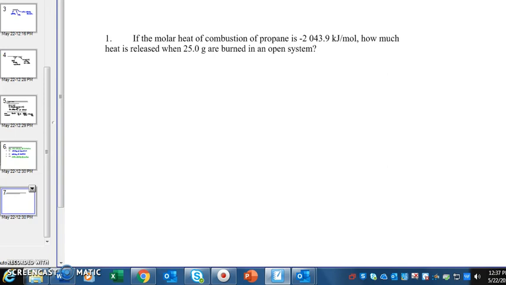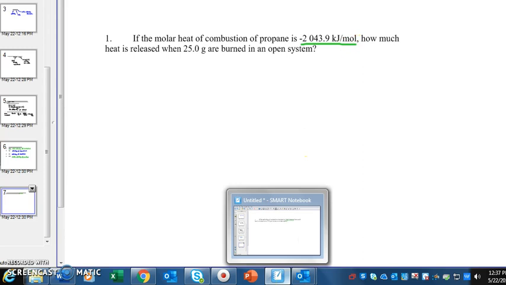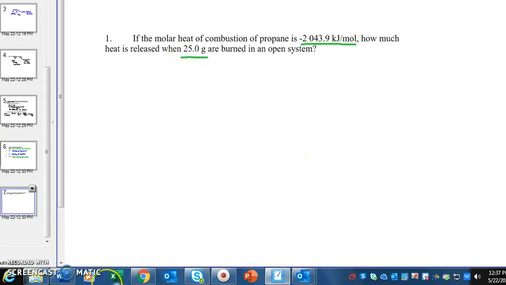Propane. The molar heat of combustion of propane is 2043.9 kilojoules per mole, which means that for every mole of propane that is burned, we're going to get 2043.9 kilojoules of energy. But we are only burning 25 grams of propane.